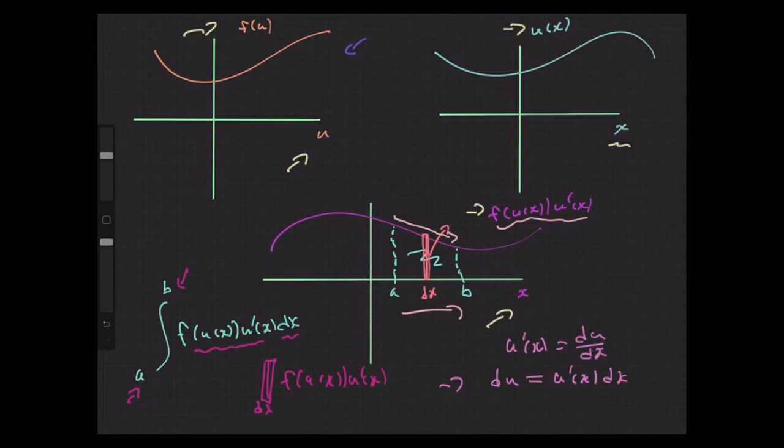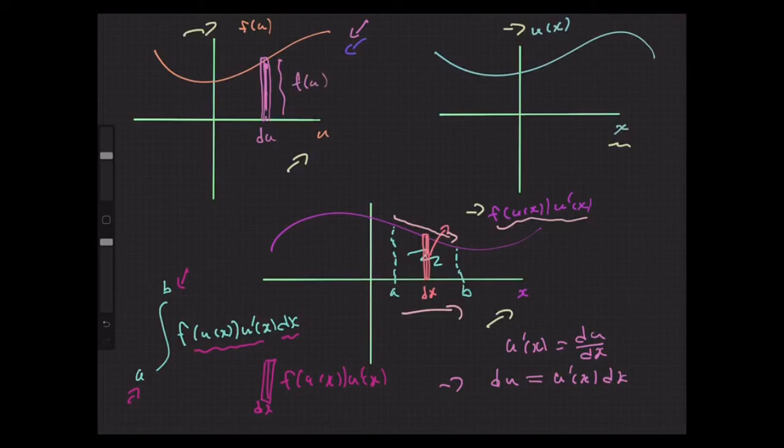And now, keeping in mind that u is a function of x and f is a function of u, I can start going up here, and thinking about sweeping out area by taking an infinite sum of these infinitely thin line segments, or little rectangles, with infinitesimal width du and infinitesimal height f of u.